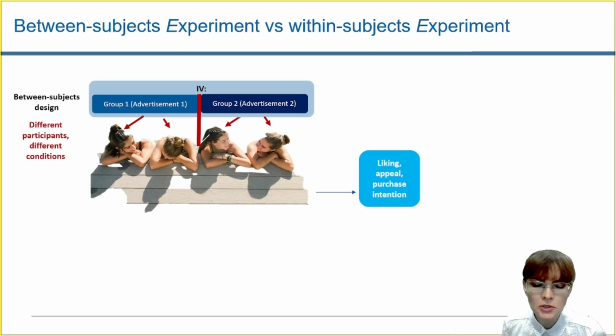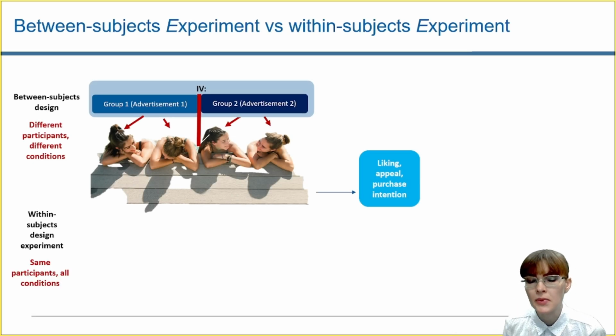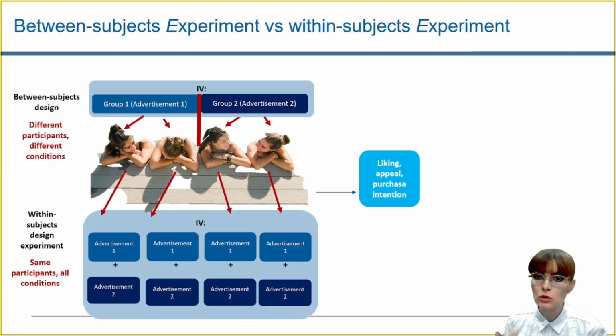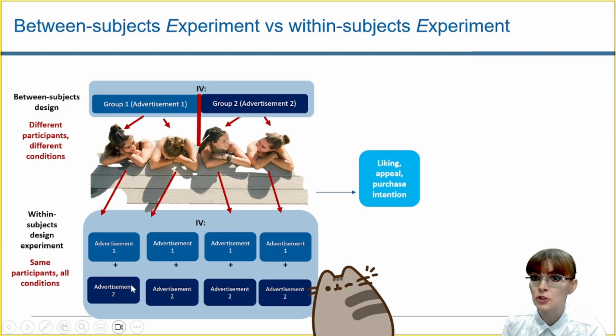But when it comes to the within subjects design, the logic is slightly different, and the approach in terms of the allocation to the groups is also different. In this case, the same group of participants will be allocated to all of the conditions. So visually, it would look like this. I would not split them into two groups, but I would say, okay, each of you will watch advertisement 1 and then advertisement 2.